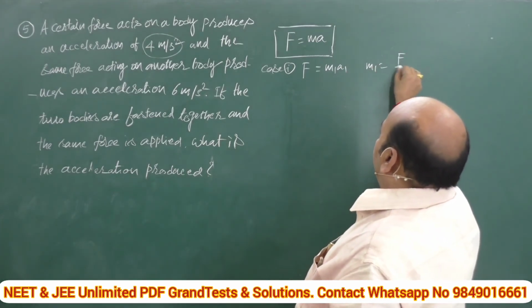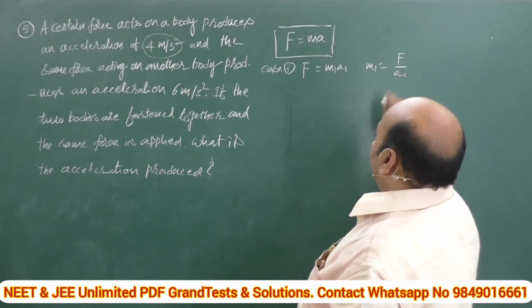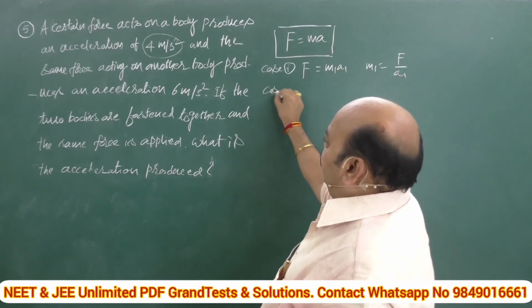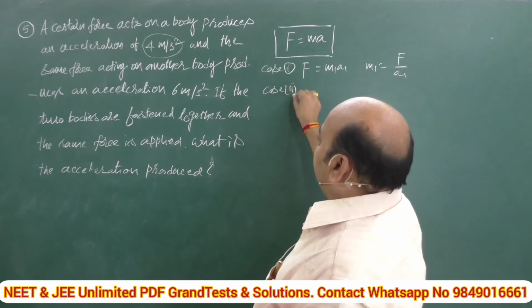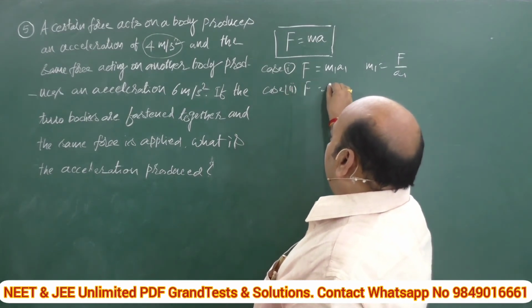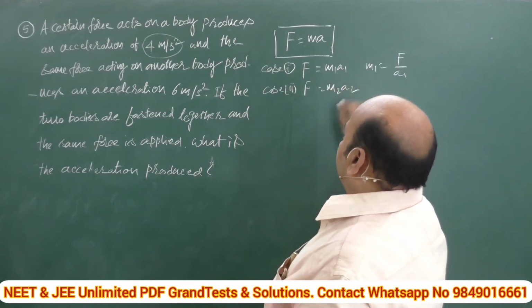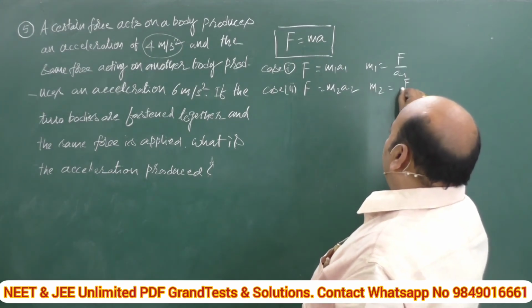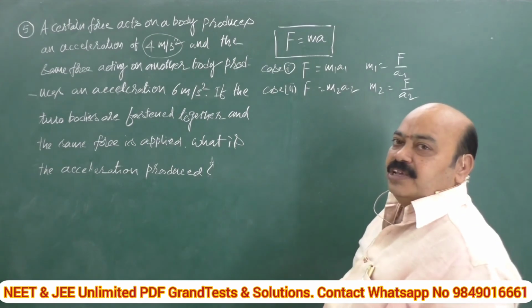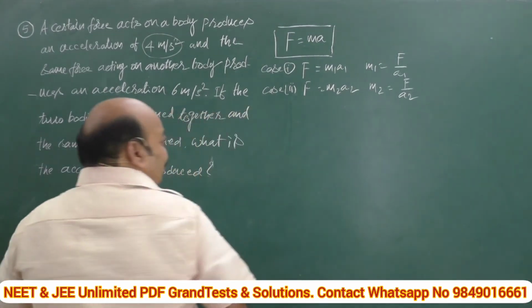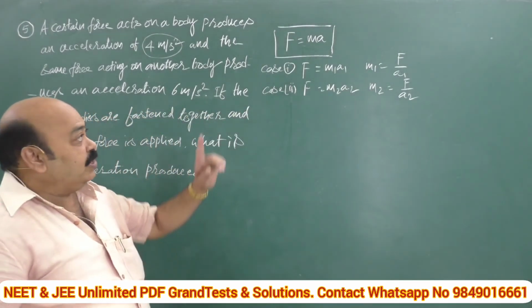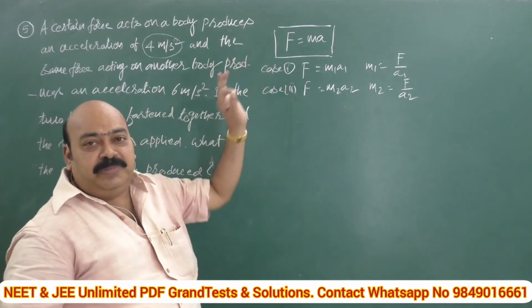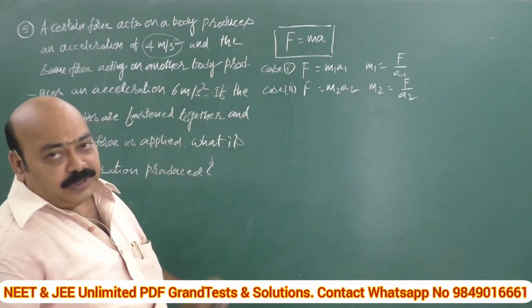Nothing but F by a1. Case 2, when the same force is applied on another body, it produces an acceleration a2. What is the value of m2 in terms of force and acceleration? F by a2. As I promised, I am using only one formula, F is equal to ma, basic school physics.